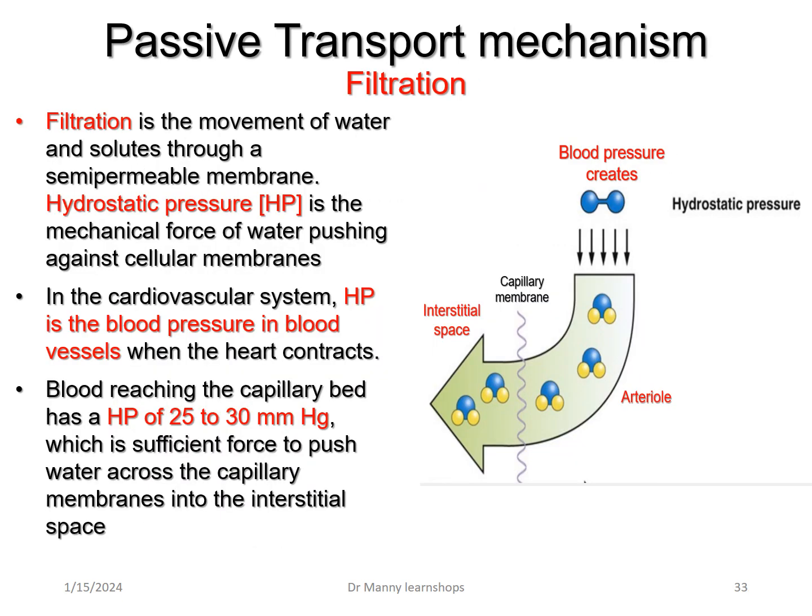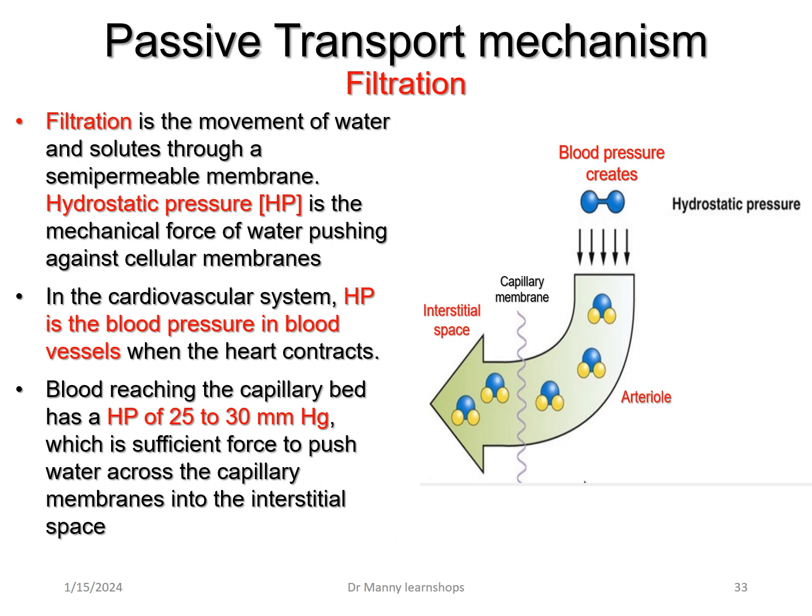Another passive transport mechanism is filtration. Filtration is the movement of water and solutes through a semi-permeable membrane as a result of hydrostatic pressure. Hydrostatic pressure is a mechanical force pushing the water against cellular membranes.